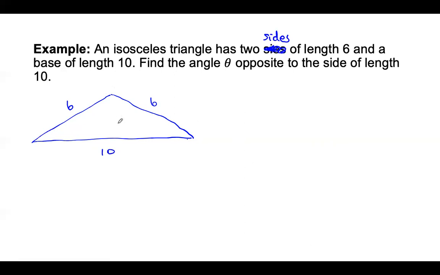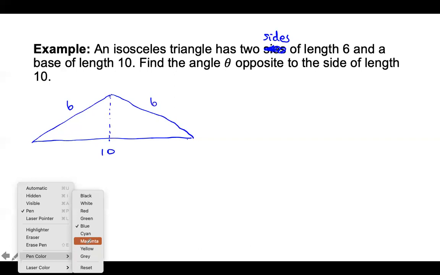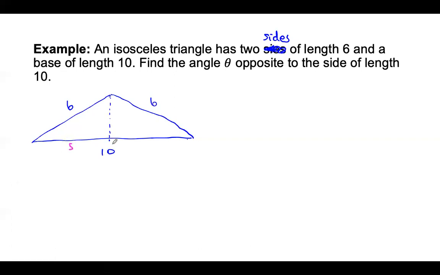Okay, so then we could cut this in half. So then this would be 5. Let me change colors. And this would also be 5. And we create two triangles here of both 90 degrees.